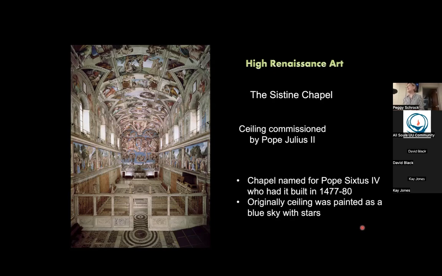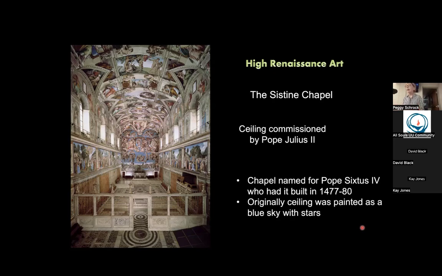Julius got mad and said, then do whatever the hell you want to do, and walked out. But he didn't mean do whatever you want, because he still had to have the approval of church officials. So he worked with church officials and really came up with a plan. So this is really Michelangelo's design and plan.